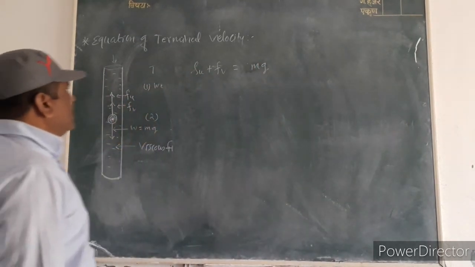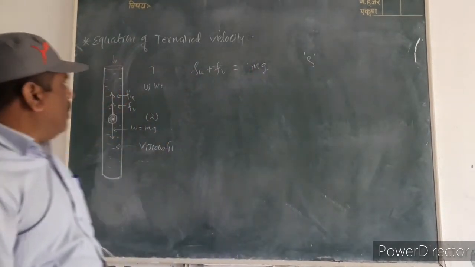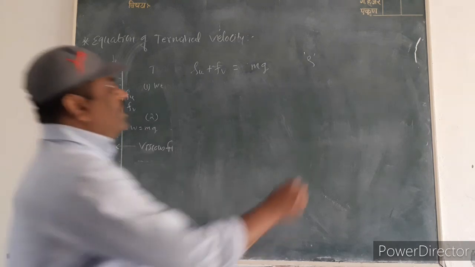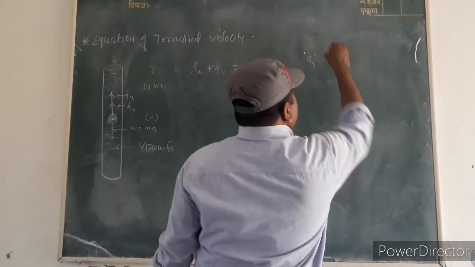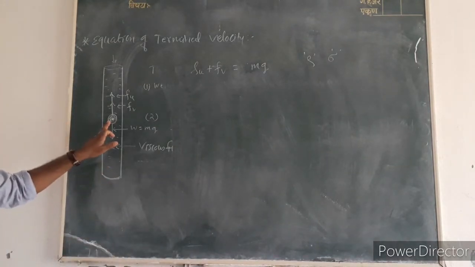Now let rho be the density of this viscous fluid and sigma the density of the spherical ball.